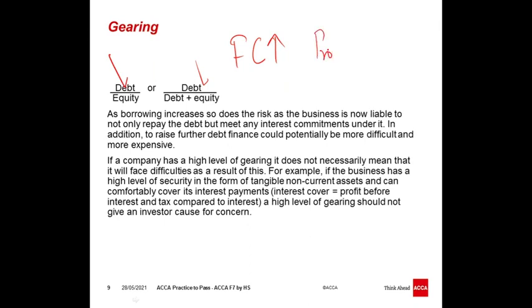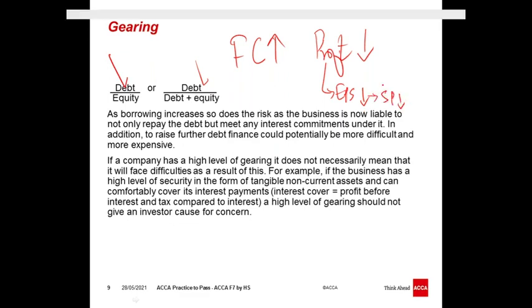So if the finance cost is increasing, that will reduce the profits for the shareholders. If the profit is decreasing, it will affect the earnings per share as well. And if the earnings per share is decreasing, it will affect the share price as well. The ultimate sufferer will be the shareholder in terms of the reduced share price.